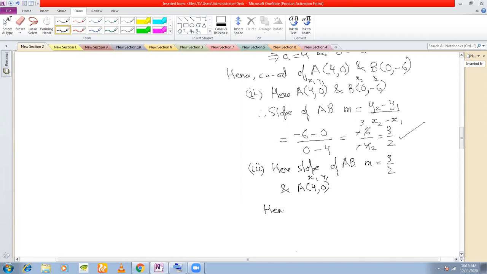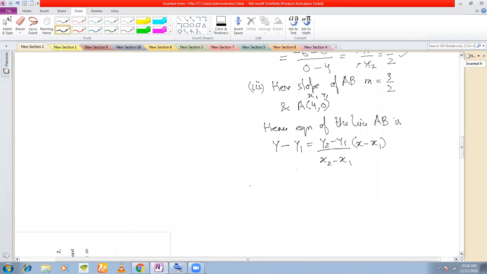Hence, the equation of the line AB is y minus y1 is equal to (y2 minus y1) by (x2 minus x1) into (x minus x1). Hence, y minus y1 is 0. Sorry, I have written the 2-point form.